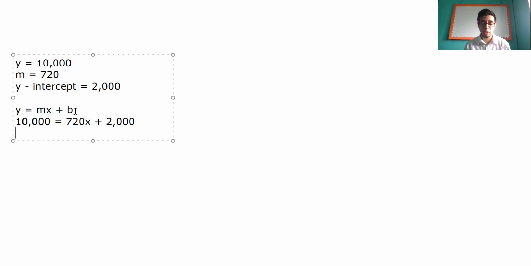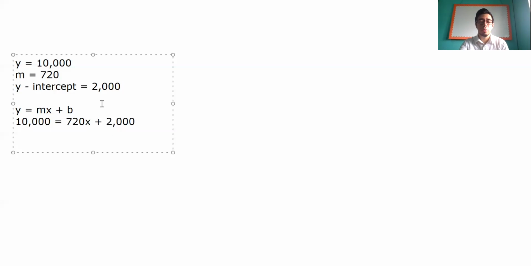This is the y-axis. And what other thing do we have in here? We have the equation. They ask for the number of hours. This is the equation. You can find the number of hours by only isolating the variable. This number that is in addition, you pass it to the other side to subtract.